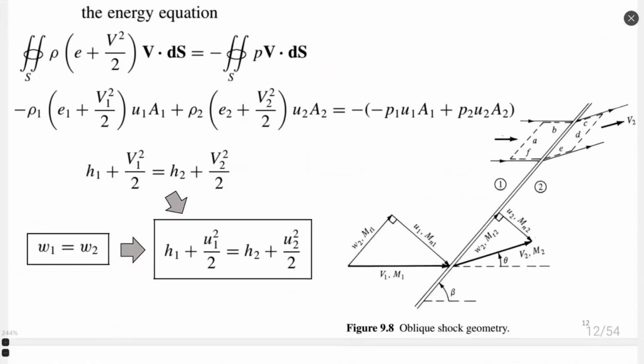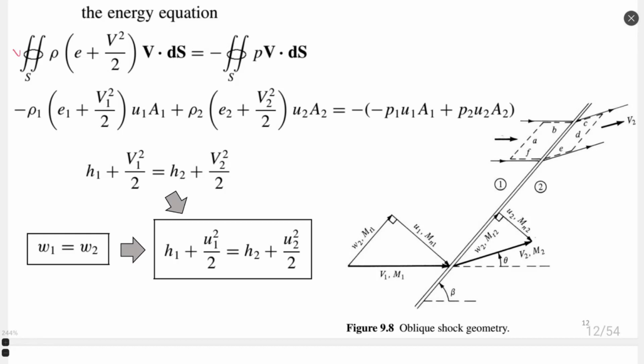Then we apply the energy equation to this discussion. We see that the energy equation can be written in the same form as we had for normal shock wave theory. In integral form, of course, it's a stationary equation without any kind of time derivative. Then each of these integrals is open.